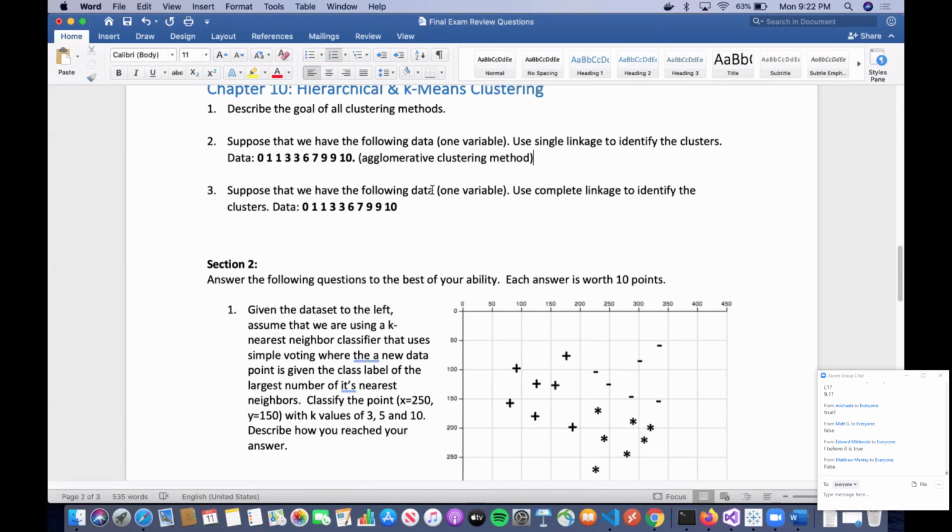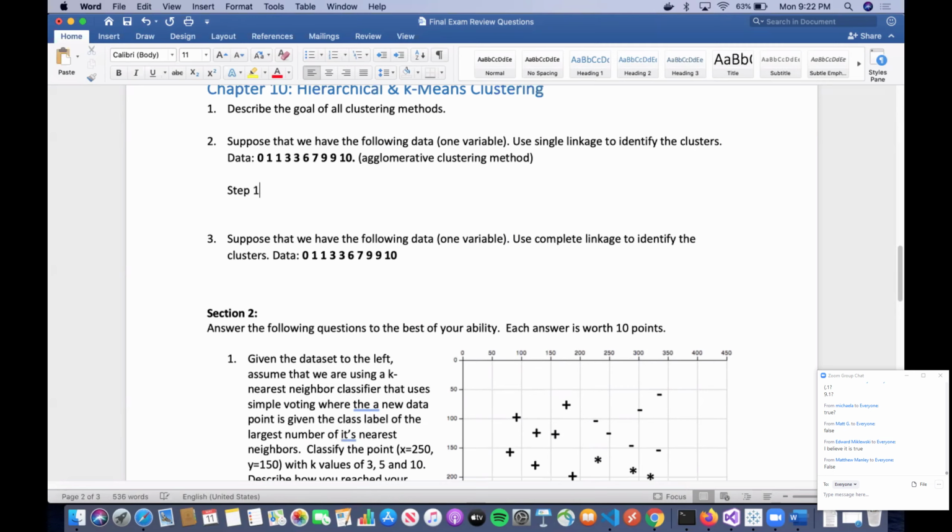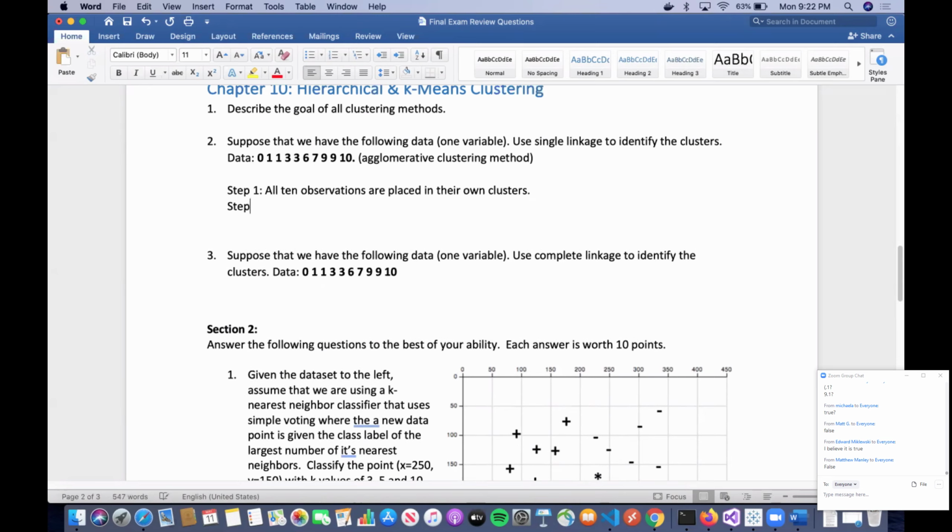So step one, always, you want to measure your steps. In step one, all 10 observations are placed in their own cluster. So all 10 observations. That's always going to be the case.